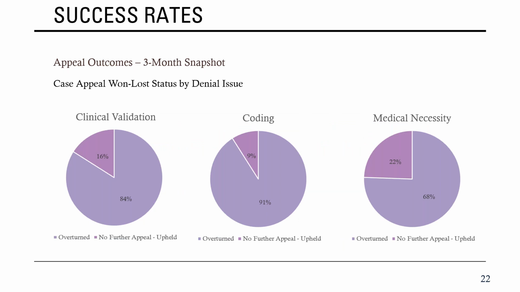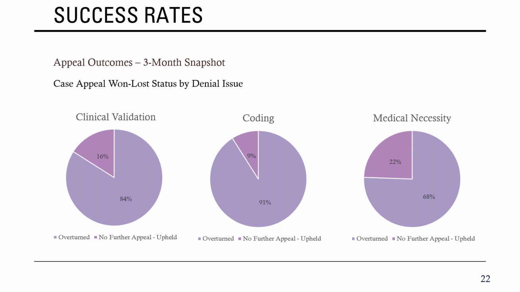Here's another way to look at it. You can look at your overturn rates by clinical validation, coding, and medical necessity, so you can see what your average is. This is for a 3-month snapshot. You can see 84% for clinical validation, 91% for coding, and 68% for medical necessity.